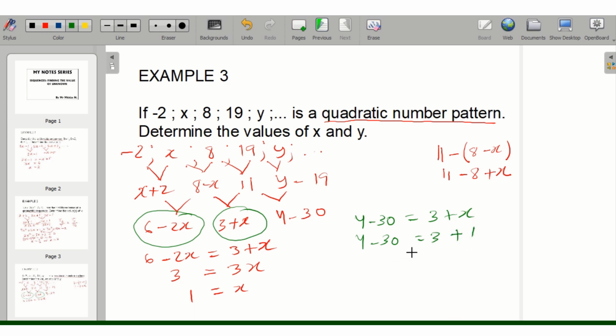So that would be 1. So y will equal 34, because this will be 4, and when you bring your 30 on the right hand side, it will add up to 34. So that would be all for these types of questions.